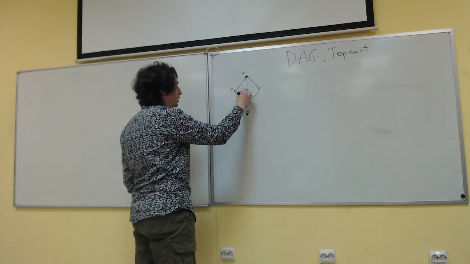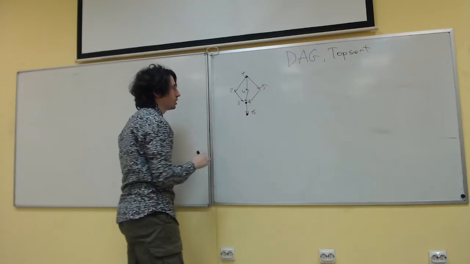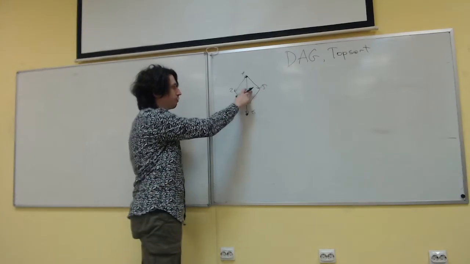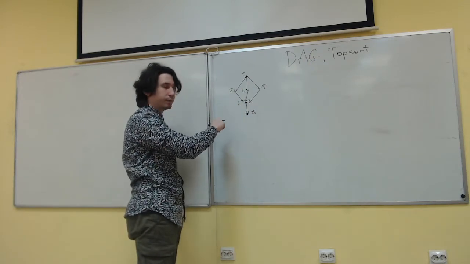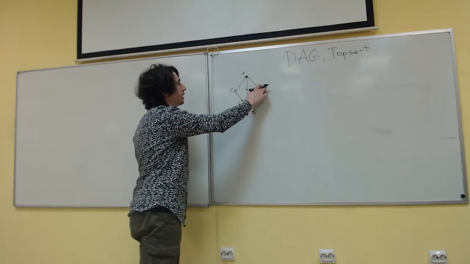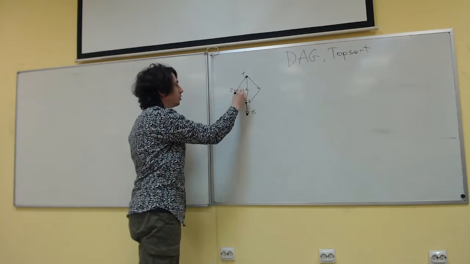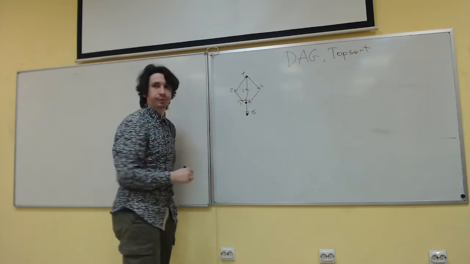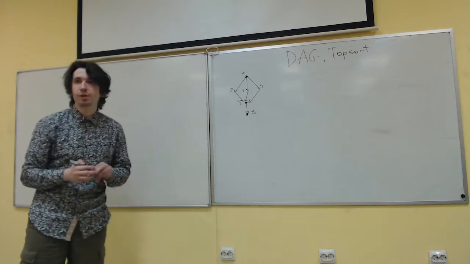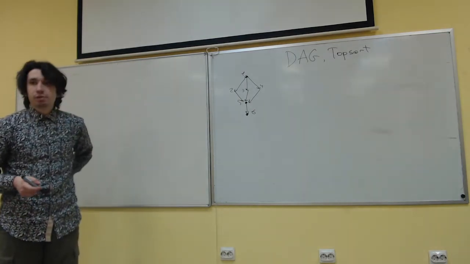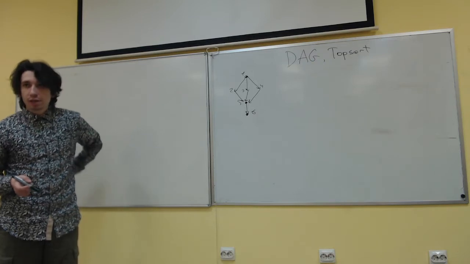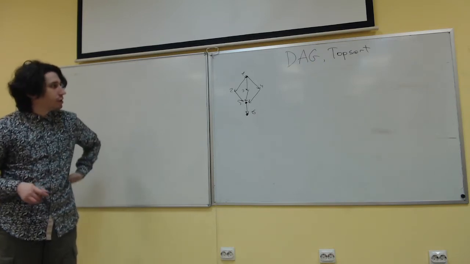For example, this enumeration is incorrect because you have an edge from 4 to 3, which is from higher to lower. Instead of that, we have to do something like that. So given a directed acyclic graph, we want to get this topological sort.